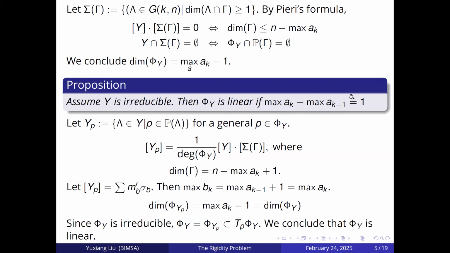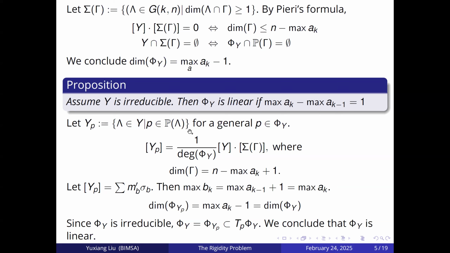And this condition in the statement implies the maximum of b_k. Here, for b_k, we take the maximum among the summands in the class of these sublocals Y_p. We get the maximum of b_k equals the maximum of a_k.